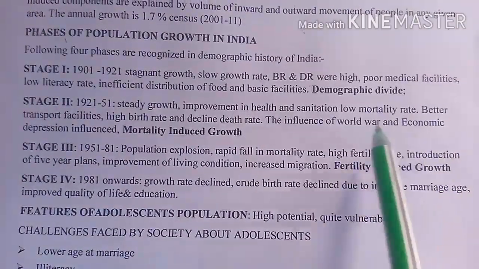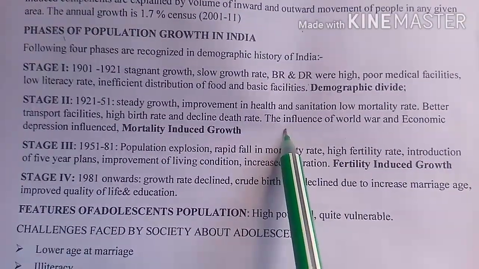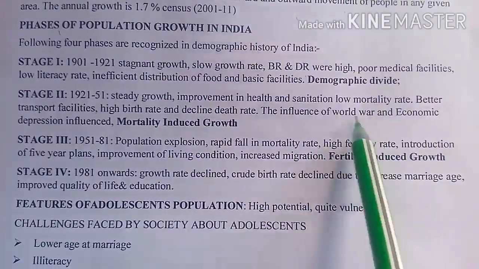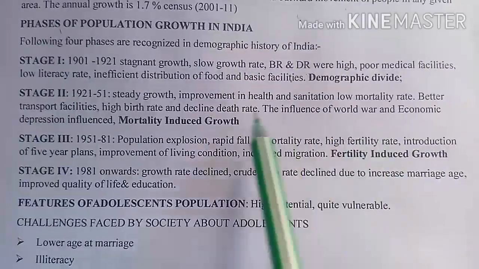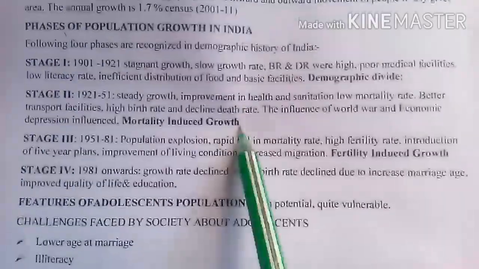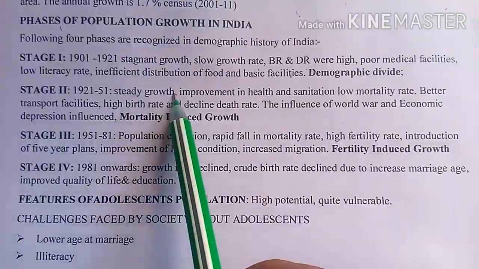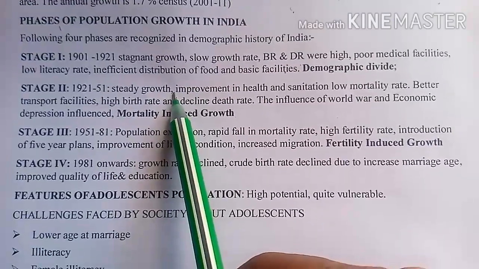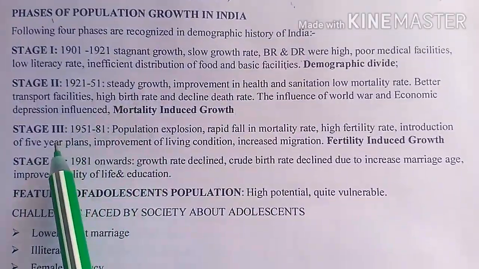During that period, the population in many regions suffered from lack of food, lack of economic conditions, lack of health facilities. During these periods, mortality induced growth. So the second stage is called steady growth, not rapid, not slowed down, but the steady growth rate improved.